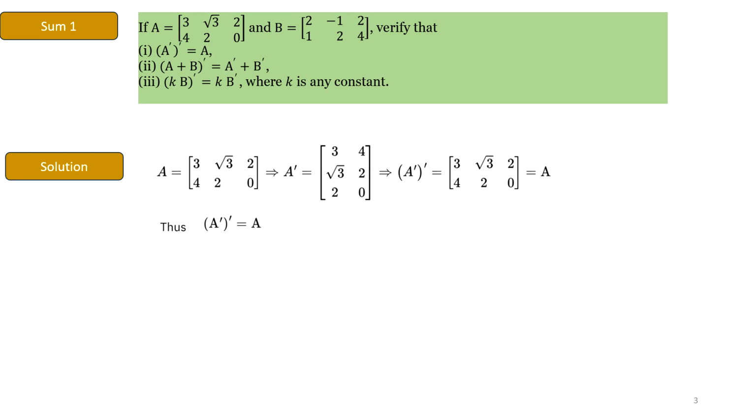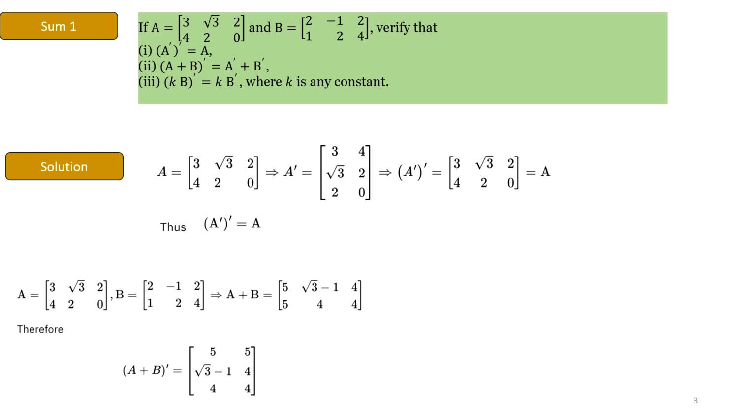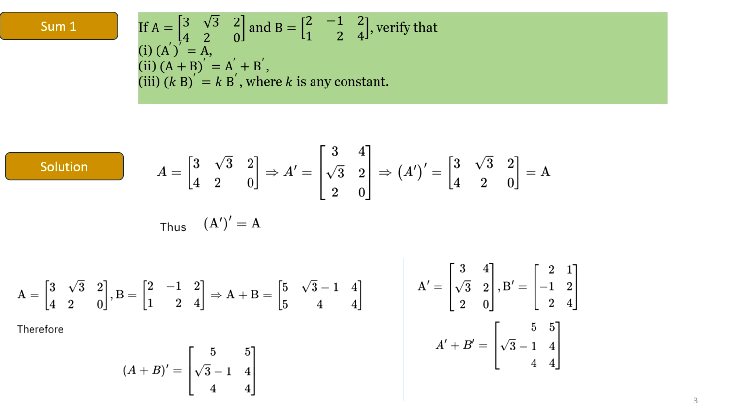Thus, we see that transpose of A transpose is equal to A. Hence, the second identity as given in the problem statement is verified.